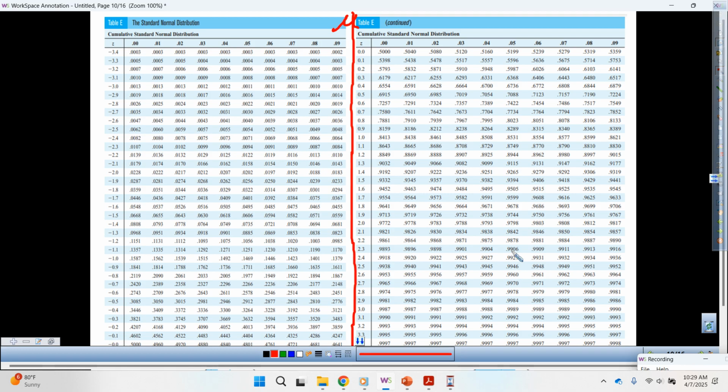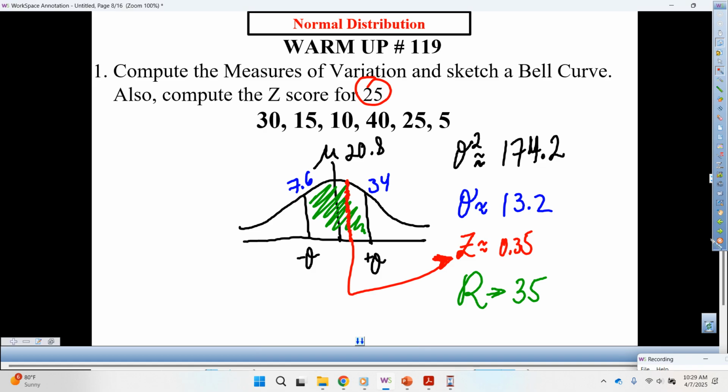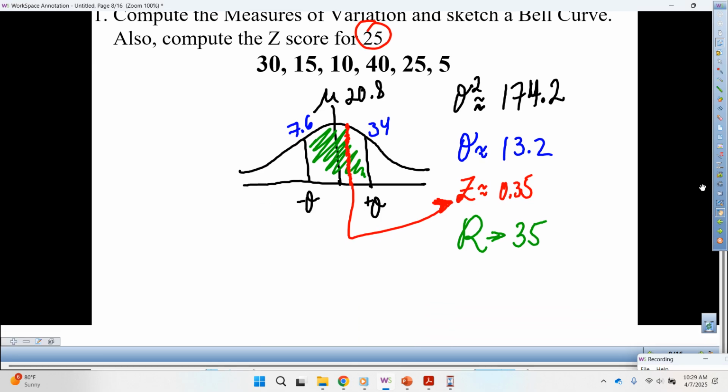Are we there? So watch. Let's go back to the warm-up. Go to your warm-up, please, really quick. And this is 0.35 that Maximus gave us for the z-score. Okay?